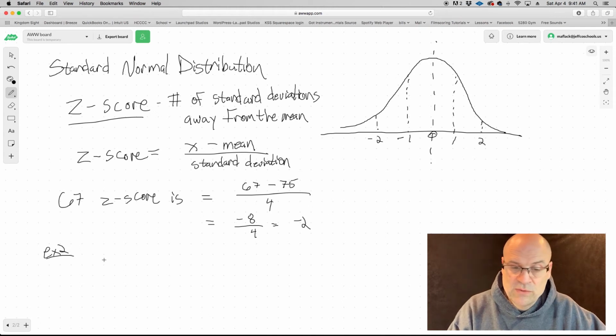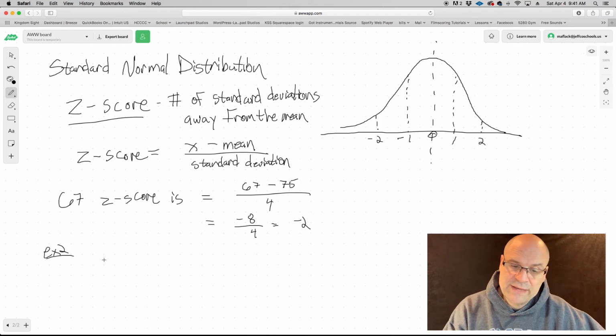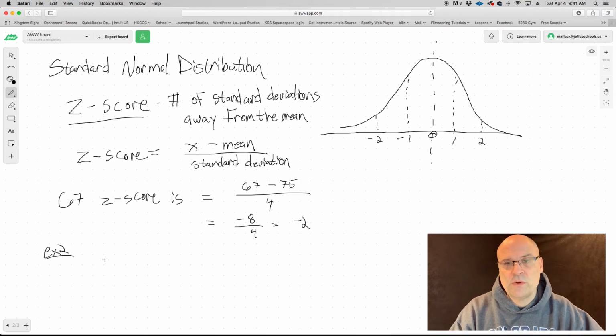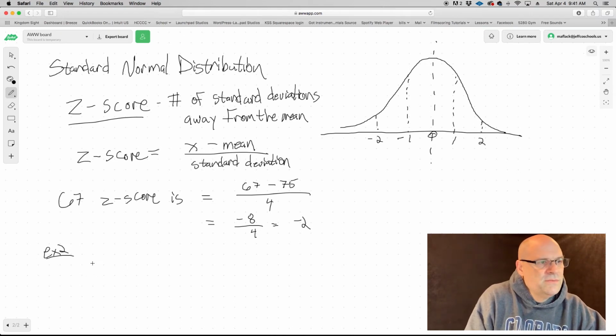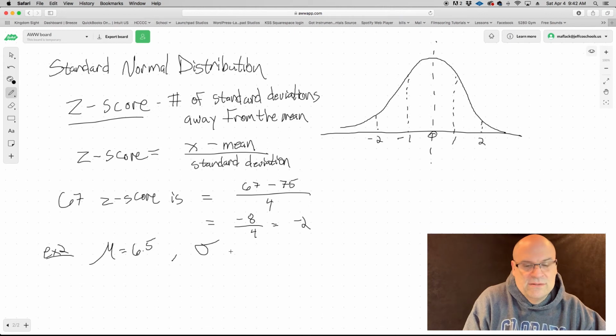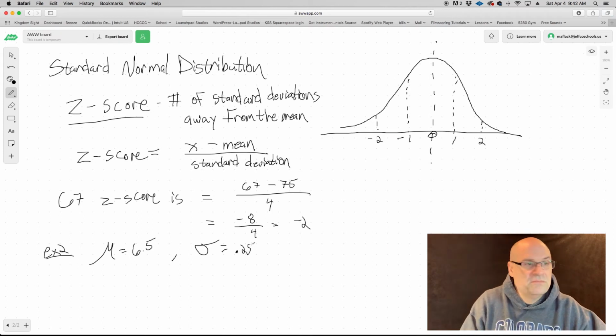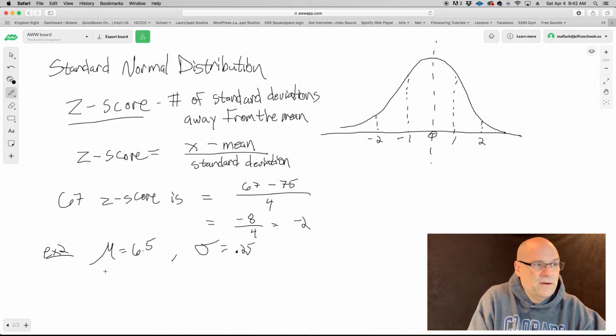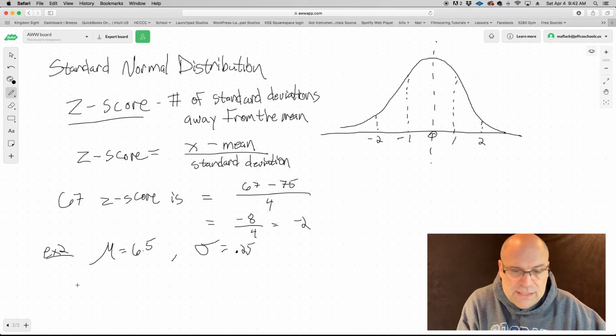Example 2 talks about the weights of cans produced in a factory. They have a mean of 6.5 ounces and a standard deviation of 0.25 ounces, okay? So let's find the z-score of 6.9.